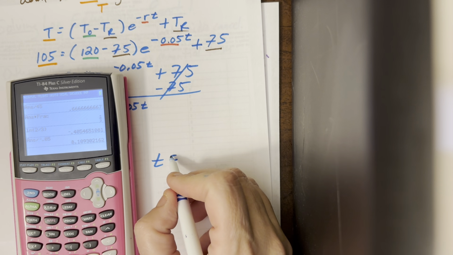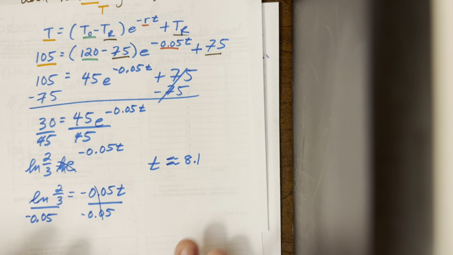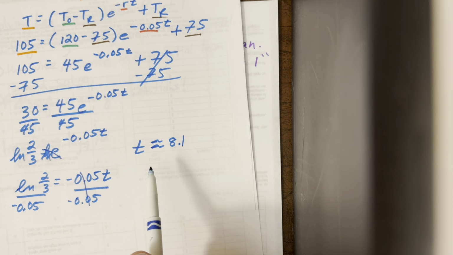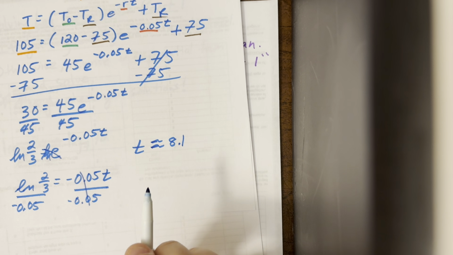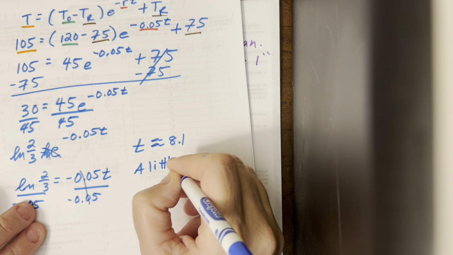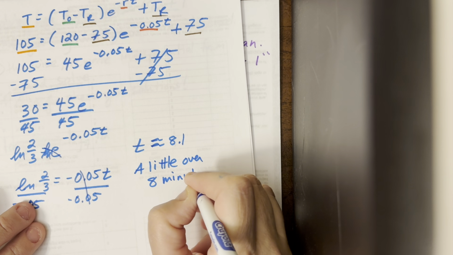So for T, I'm getting approximately 8.1. So for me, I would answer this question by saying, the coffee cools down to 105 degrees after just a little bit over 8 minutes. A little over 8 minutes.